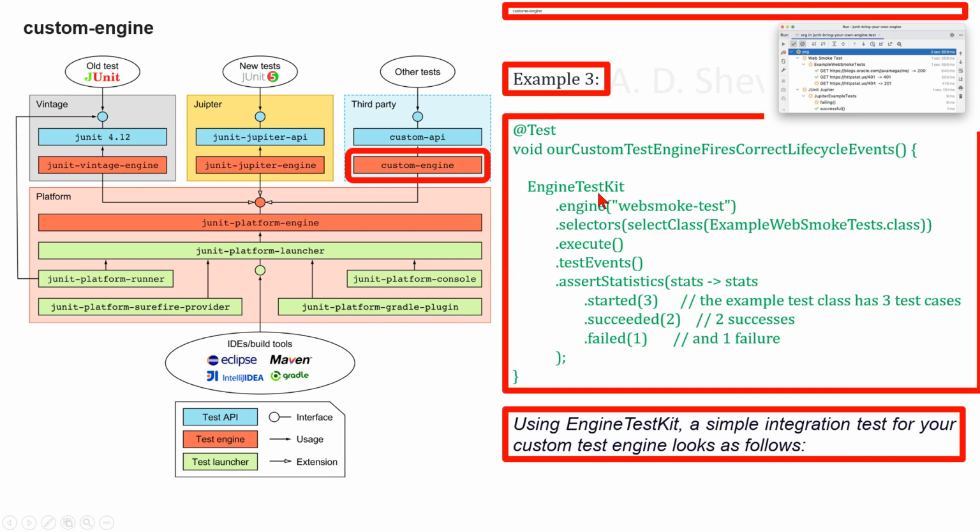The class org.junit.platform.testkit.engine.EngineTestKit provides an entry point to a fluent API exposing test events. This offers fine-grained assertion possibilities for comparing expected lifecycle events to actual ones.